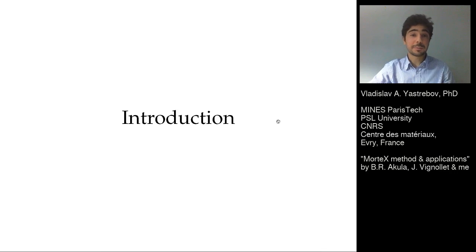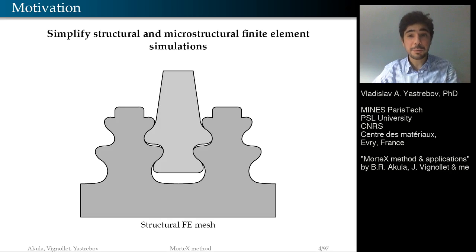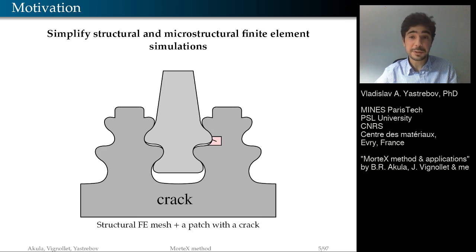So, introduction. The main motivation for this methodology is the following. In engineering practice, we often face very complicated problems involving complex structures, complex meshes, and sometimes it could be very handy to be able to insert some features in the existing mesh, without doing CAD modeling or remeshing.